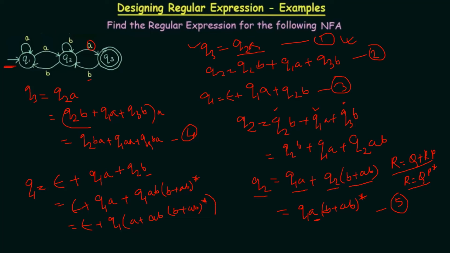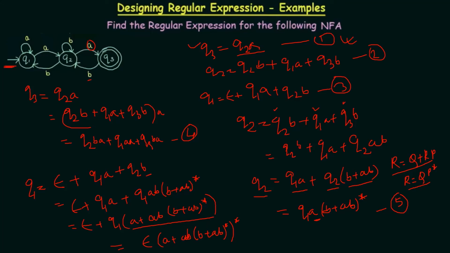In this case, Q is basically epsilon and P is basically this thing inside the bracket. So epsilon into P star, that means A plus AB into B plus AB star, the whole of this star.